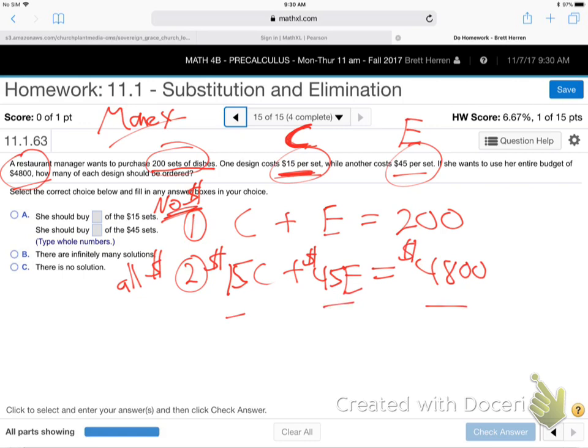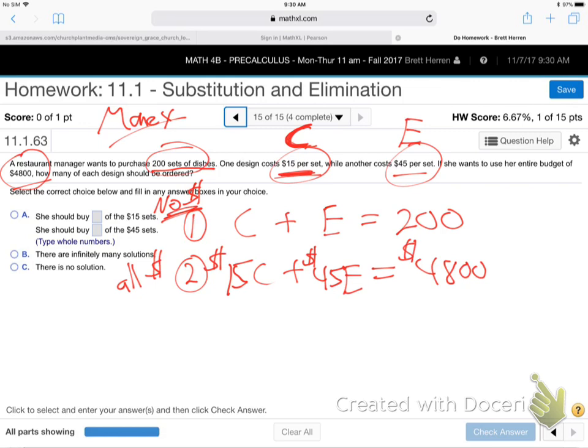And the other one has no money anywhere. That good? Two equations, two letters. Common mistake, some people go times 200 here. It's not $4,800 200 times, is it? It's not like mixture where we multiply. It's just 4,800.